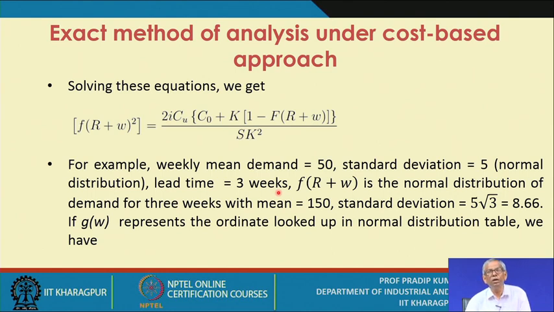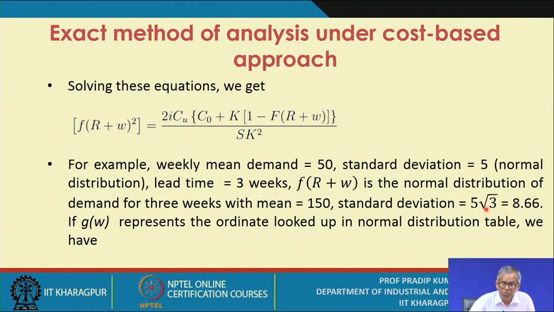So obviously the normal distribution values are to be convoluted 3 times, and when you convolute the normal distribution 3 times, its parameter values change: the mean becomes n into 50. So n is 3, into 50, that is 150, and the standard deviation will be 5 into root over n.